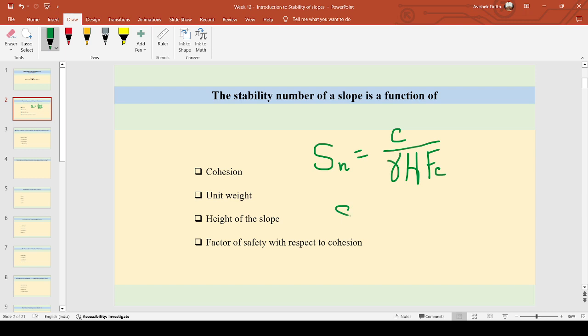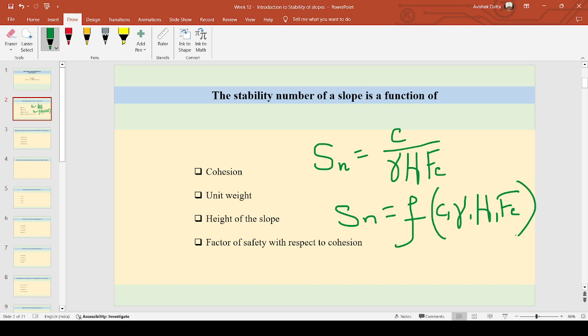So from this formula, we can write a generalized equation like this. Sn is a function of cohesion, unit weight, height of the slope, and factor of safety with respect to cohesion.